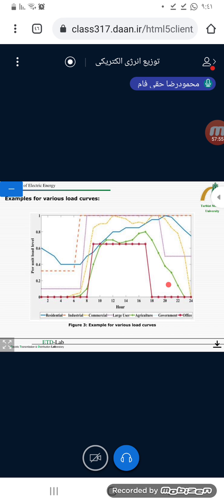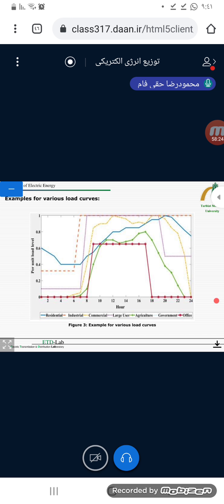Okay. One of the useful pieces of information in a distribution network is the typical load curve in a city. For example, if you're living in Baghdad, you can reach a typical load curve for residential substation, for commercial substation, for agricultural substation, and others.